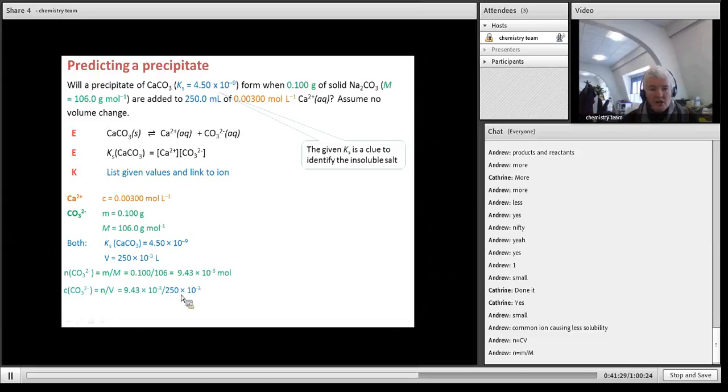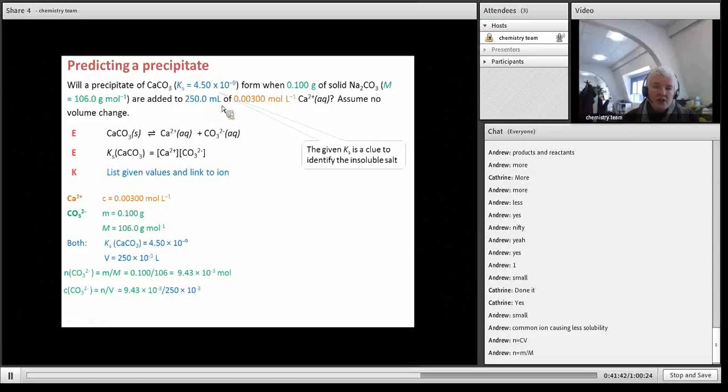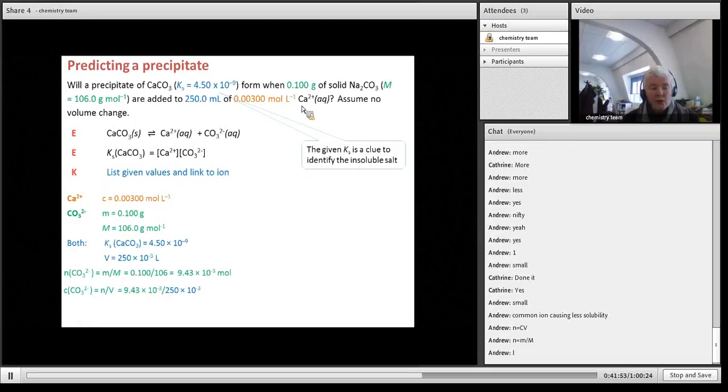Now notice what I did with my volume, and I should perhaps have put the units in here. You were given 250 milliliters, but a concentration is moles per liter. If I use milliliters and moles per liter, my units aren't going to cancel out.